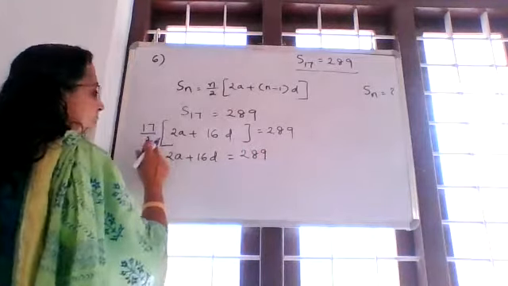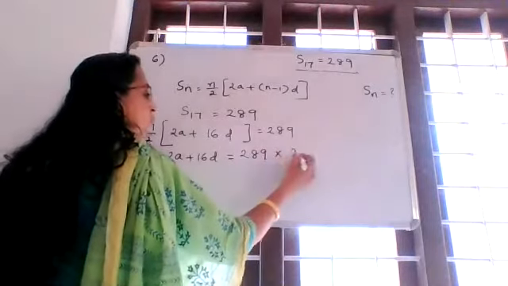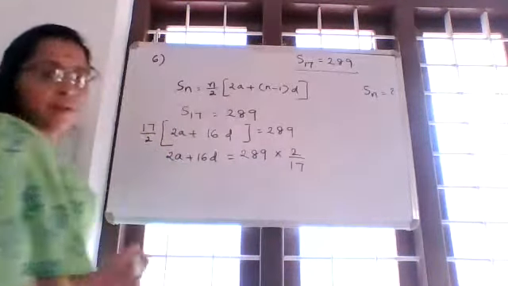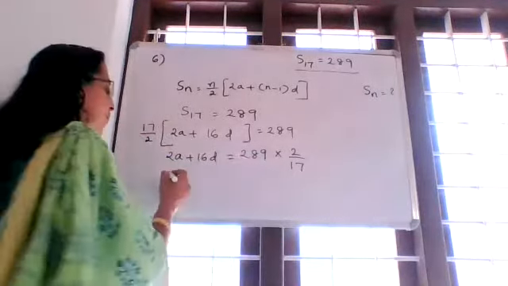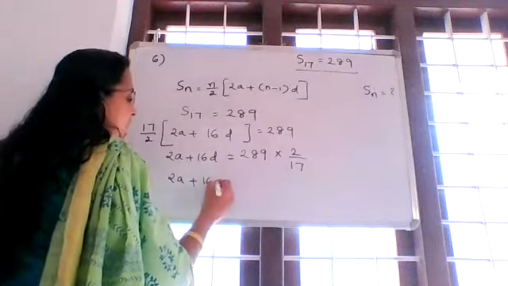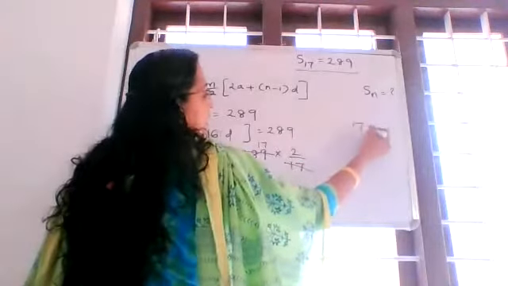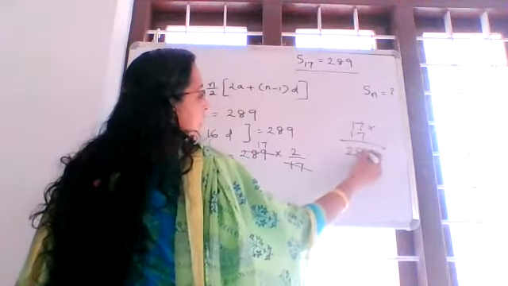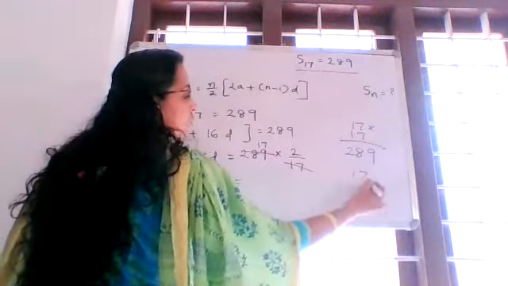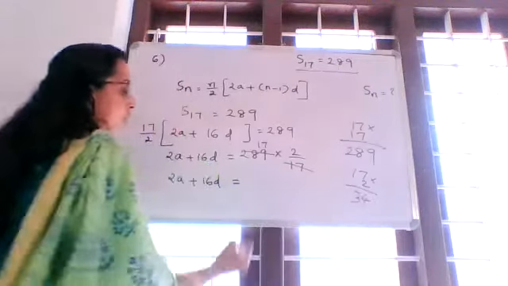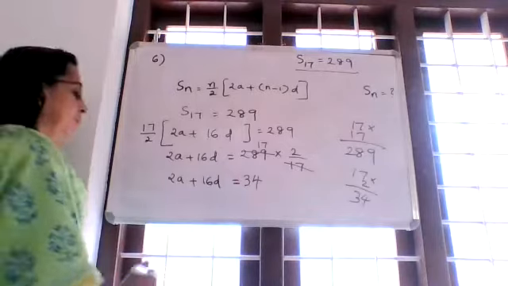Then 17 by 2 becomes 2 by 17, and 17 and 289 cancel, 17 times. So 2a plus 16d is equal to 17 into 17, which is 289, times 2, which is 34.